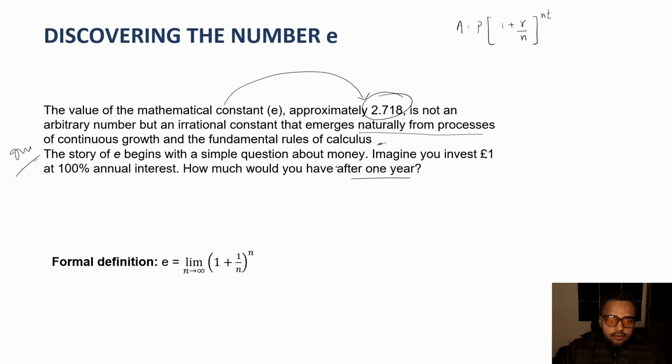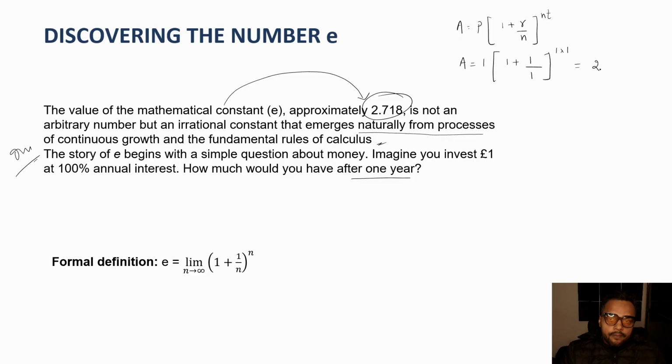For this first case, the amount equals P, which is 1, times (1 + 1/N), since the rate is again 100%, and N is 1 because we are compounding it once for 1 year, raised to the power 1 times T, with T being 1 year.